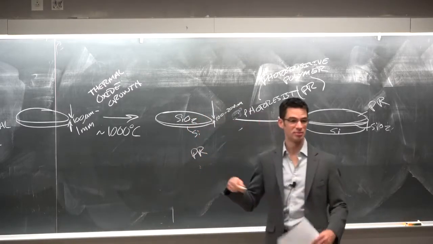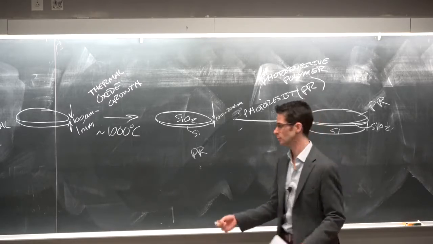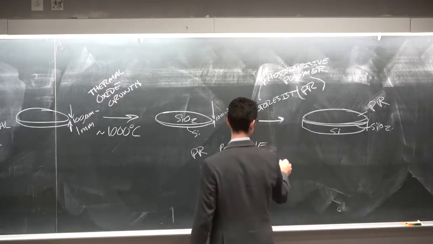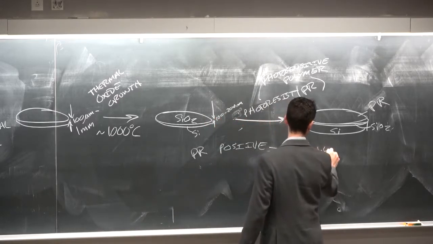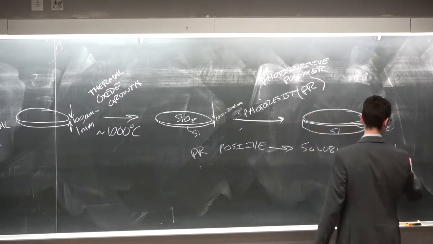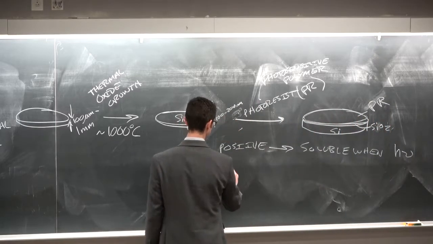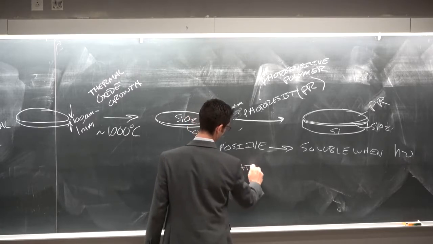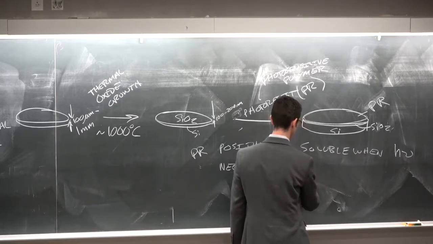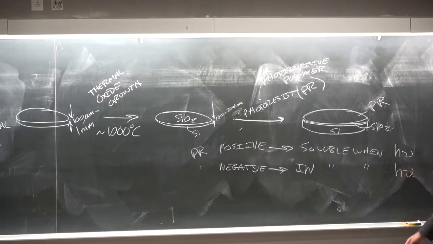There are two types, positive photoresist and negative photoresist. Positive becomes soluble when it's exposed to light. We'll just say soluble when H nu, and negative becomes insoluble when exposed to light.